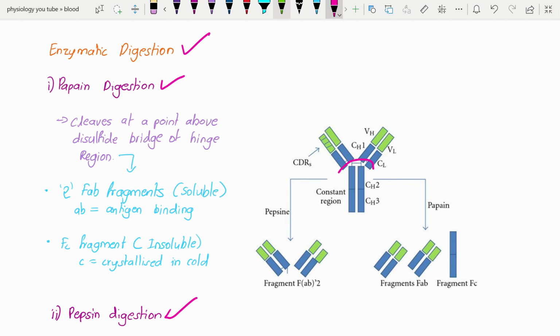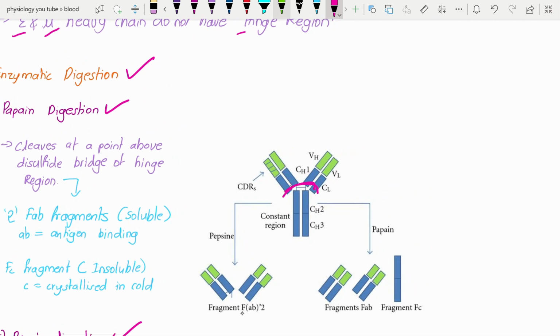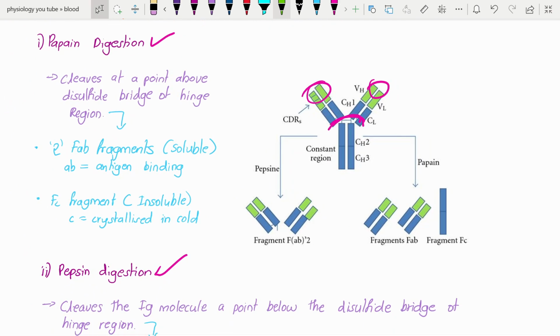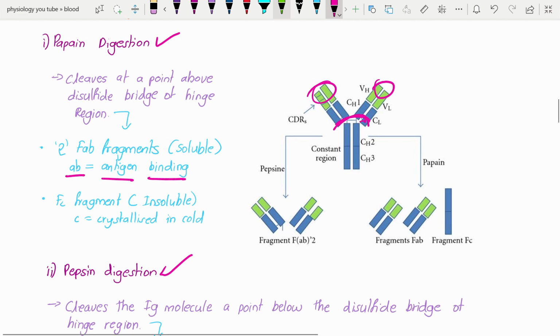Once it cuts just above the hinge region and above the disulfide bridges, the two antigen binding fragments will be separated. You can see FAB refers to the antigen binding fragment, and the below one is partially digested, and this fragment is called FC because it crystallizes in the cold and it's insoluble, but the two FAB fragments are soluble.